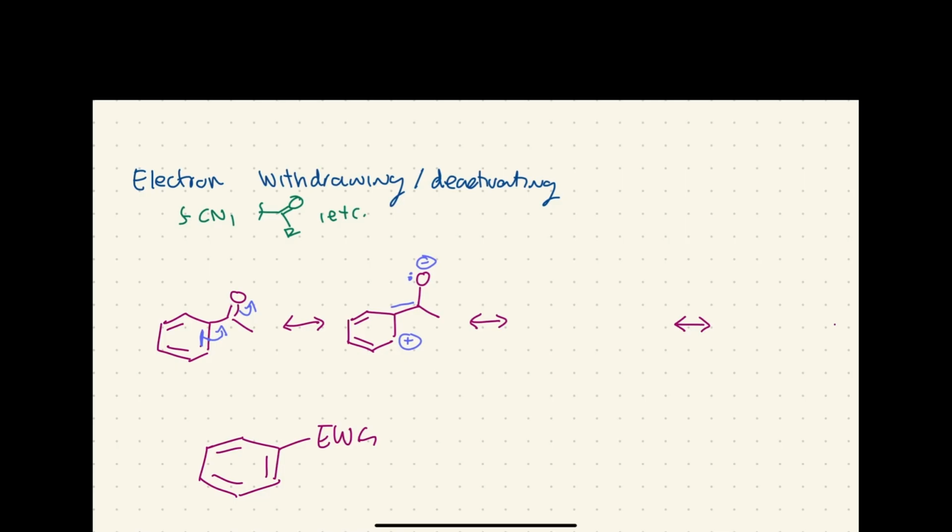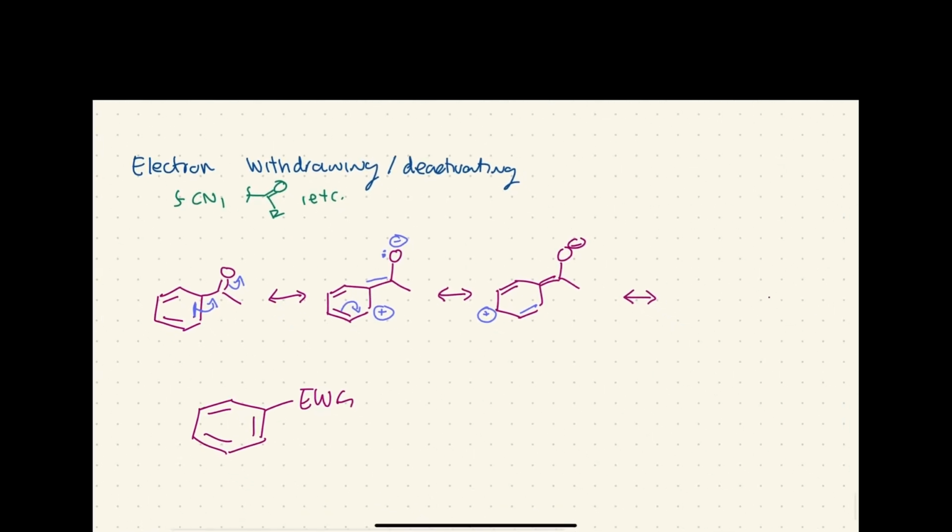I can continue to push electrons around the ring. I can see that these can come and meet that positive charge. This is going to create a new resonance structure where that oxygen is still negatively charged. I still have this double bond here, but now I've moved my electrons to have a positive charge at this carbon.